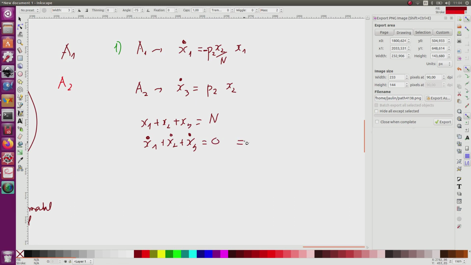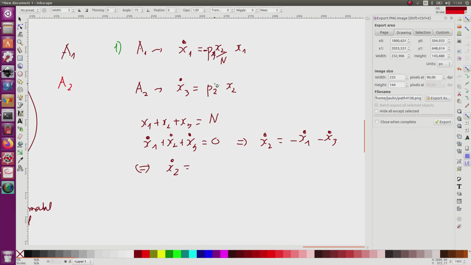So equivalently, it means that x dot 2 equal minus x dot 1 minus x dot 3. Or equivalently, x dot 2 equal, excuse me, here I have p1 and p2.